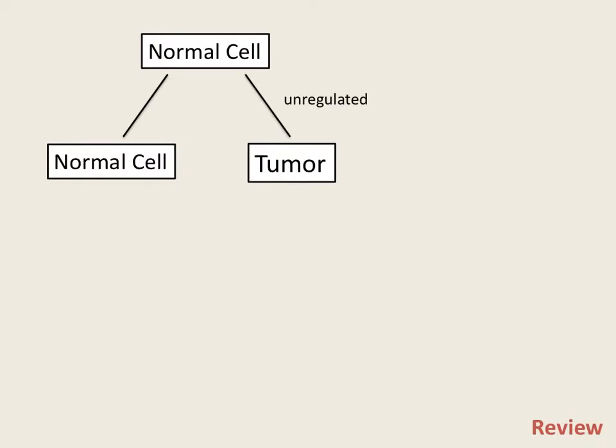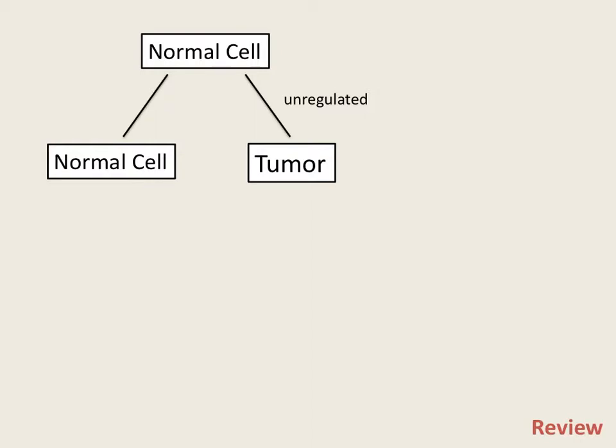If cells divide in an unregulated way, it forms a tumor. Not cancer, just forms a tumor. This can go one of two ways. It still is a tumor, but on the other route, it actually can invade adjacent cells.